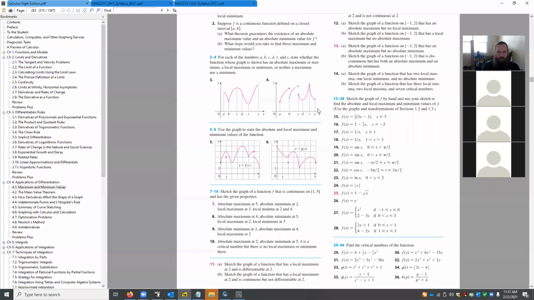Part B had another request like that. Sketch a graph of a function on [-1, 2] that is discontinuous, but has both an absolute min and an absolute max.